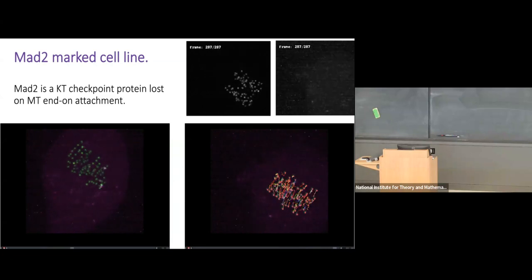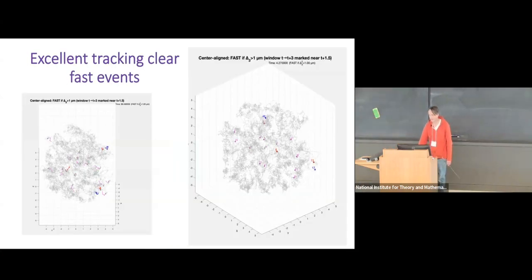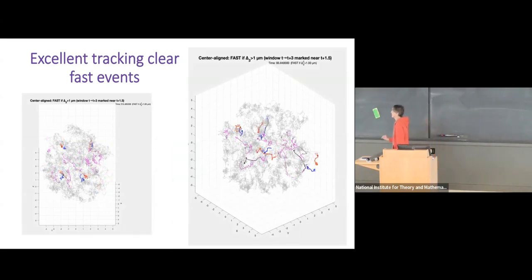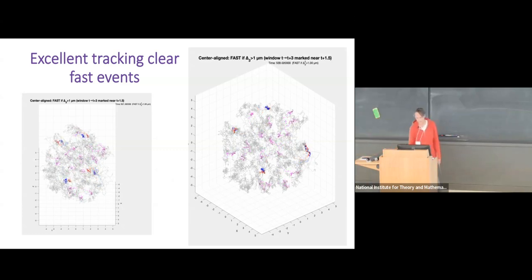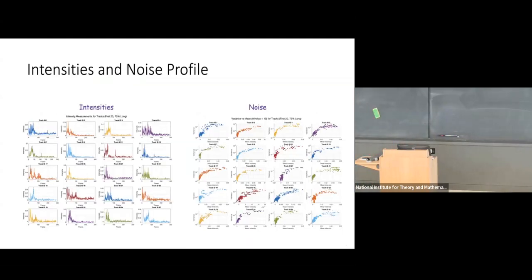And this is our tracks. The reason we were looking at this cell line is because we now have an end-on marker. It tells us when we get end-on attached. So these are trajectories 13 and 17, the ones I showed you. So we've got excellent tracking in this cell line as well. And this is our MAD2 signal on individual kinetochores.